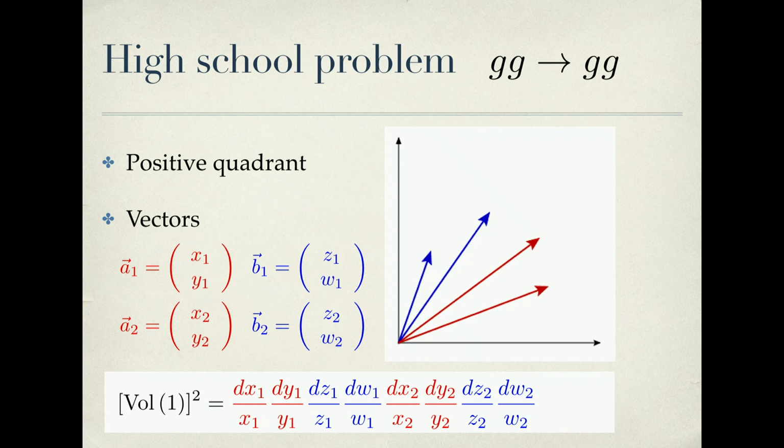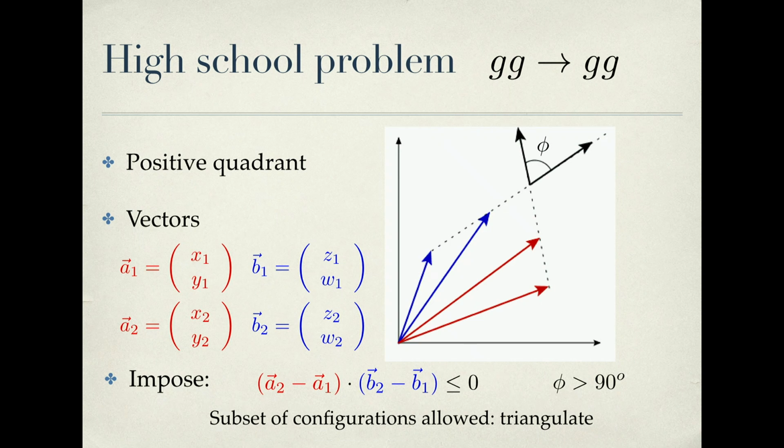That would be simple. But now I impose a constraint that if I have 2 blue vectors, and I take the vector of differences, and 2 red vectors, and I take the vector of differences, I don't want all configurations of these vectors. I just want the ones where this angle is bigger than 90 degrees. So I want to choose a subset of these vectors. This kind of triangulates the plane of all these vectors, only keeps the ones that I want. There will be 8 different sectors, actually.